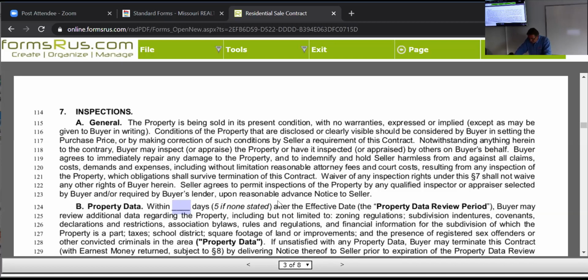If unsatisfied with any property data, buyer may terminate this contract by delivering notice thereof to seller prior to the expiration of the property data review period.